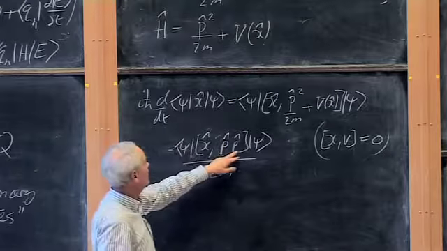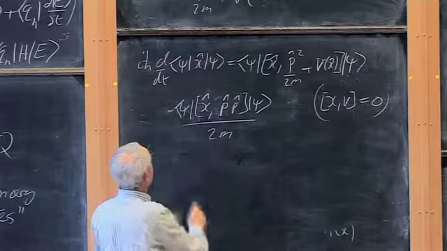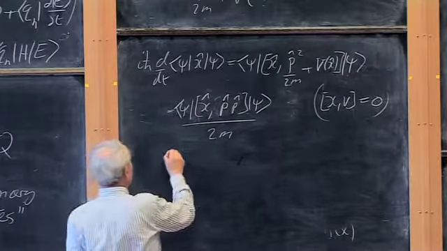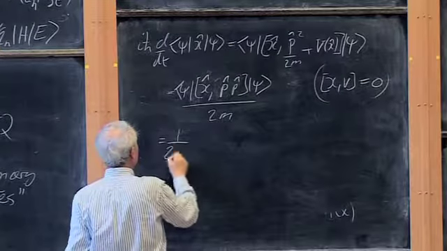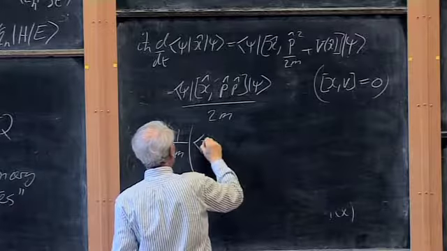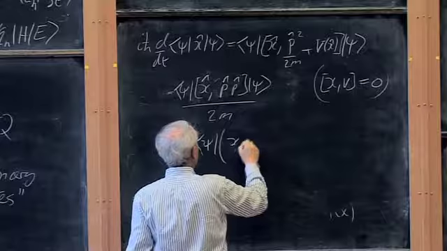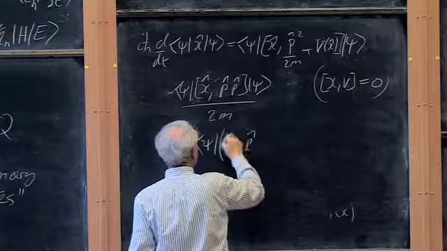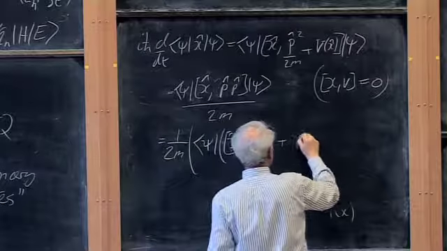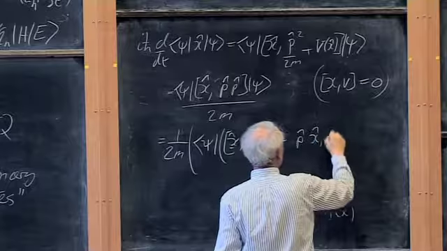I can express p squared as pp, and we discussed probably yesterday how we took the commutator of a product. We used a rule analogous to differentiation of a product. So this is equal to the expectation value in psi of the commutator of x with p, with p standing idly by, plus p, the first p standing idly by, while x commutes with the second p.